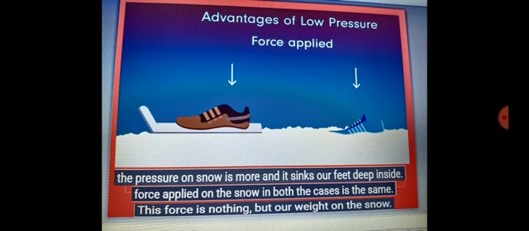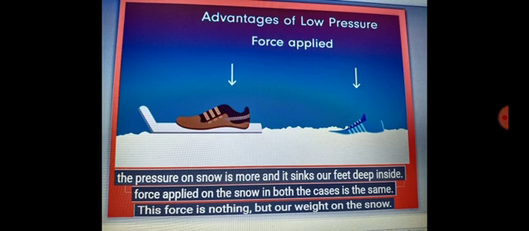The pressure on snow is more in the case of the ordinary shoe. We can see the shoe is sinking inside the snow. Force applied on the snow in both the cases is same, but the area on which the force is applied is different.